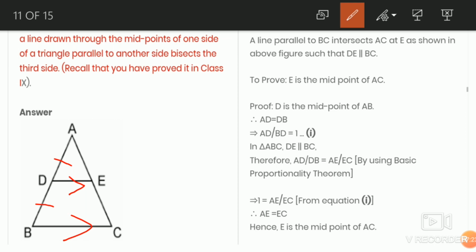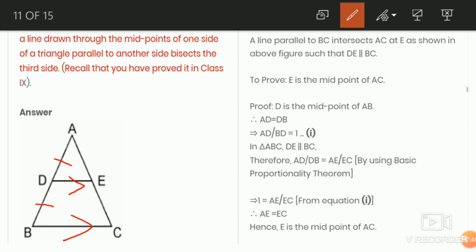Now, we already know the value of AD by DB by equation 1. Let us put the value right over here. If we put the value of AD by DB as 1 in this equation, we find that AE by EC is equal to 1. If we further simplify it, we'll get AE is equal to EC.